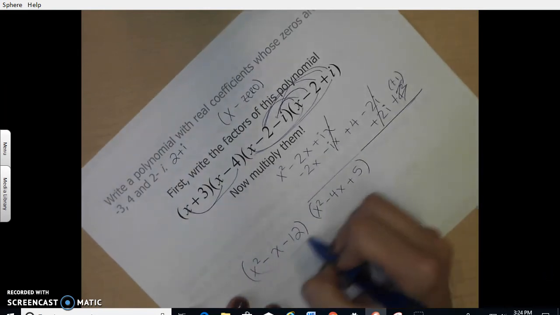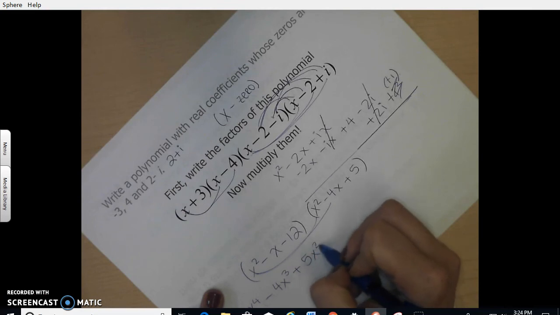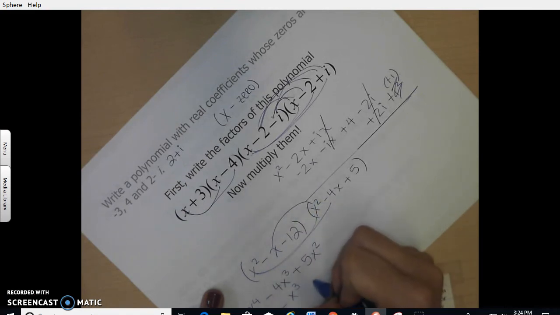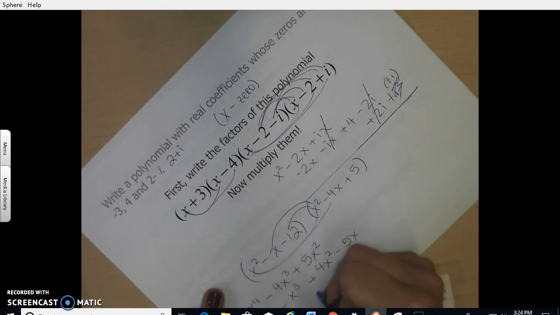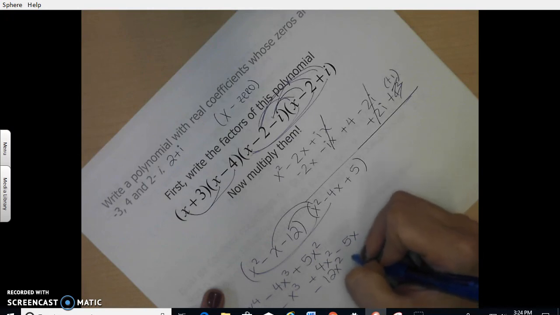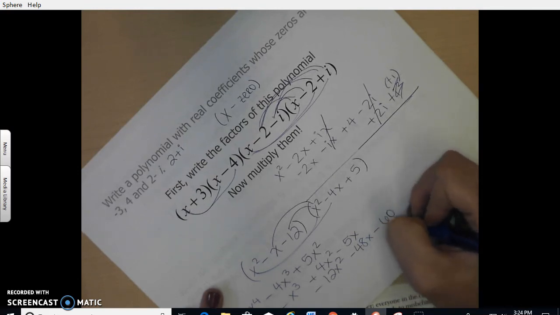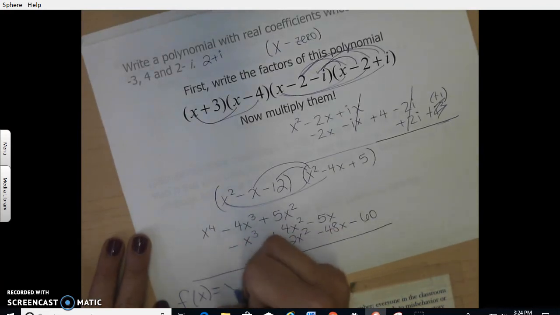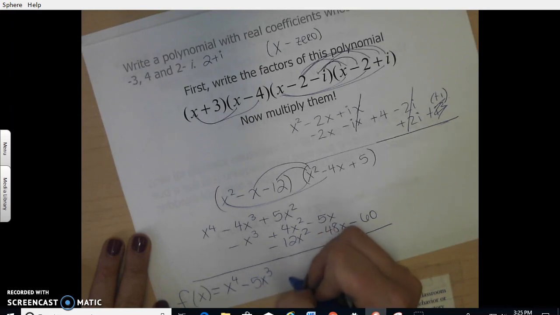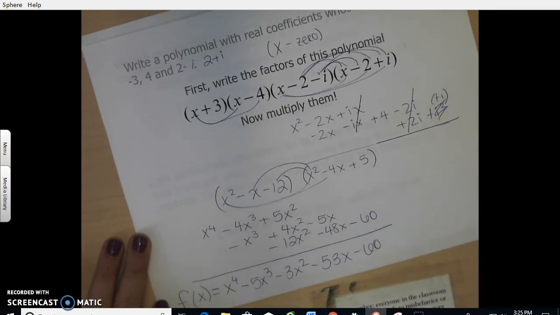And then we multiply again. Combine like terms. That would be our polynomial.